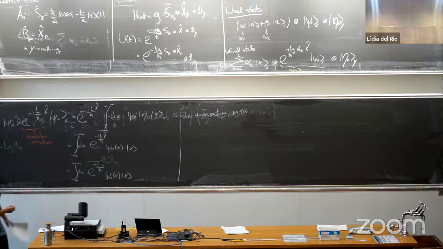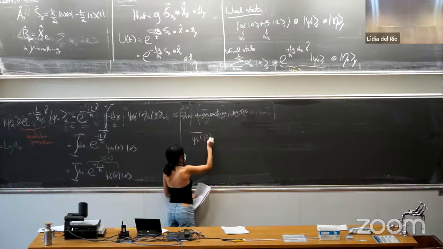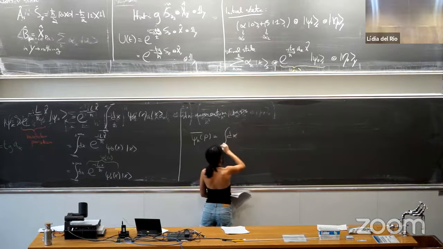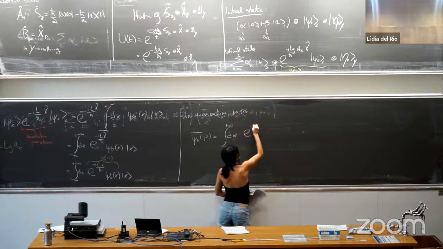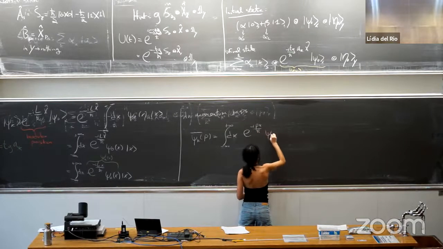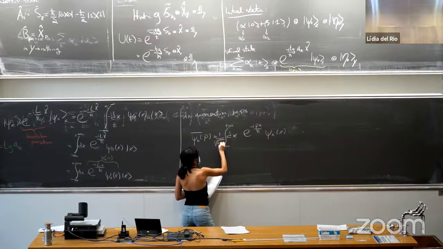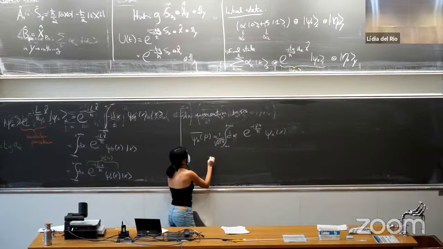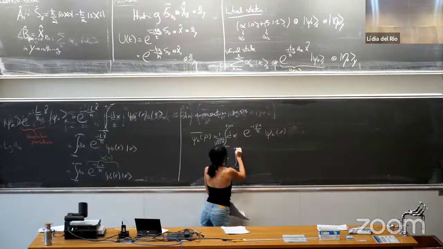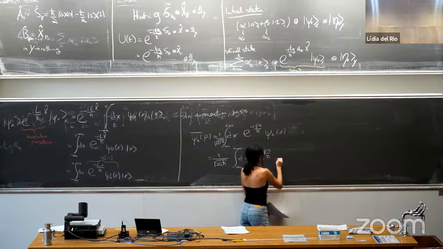So in momentum basis, if I want to know the momentum for some p, well, I just do the Fourier transform, with the usual coefficient 2 pi H bar. And now I replace this. The X, E to, what did we get?